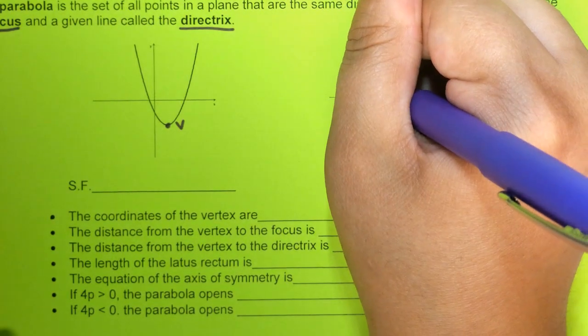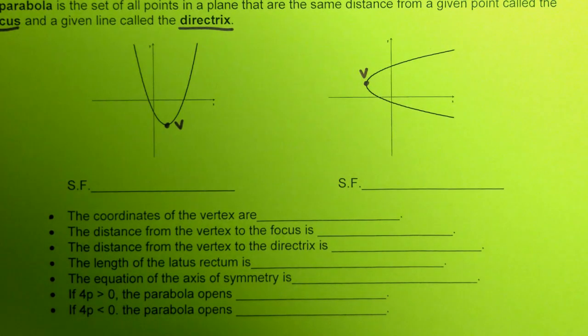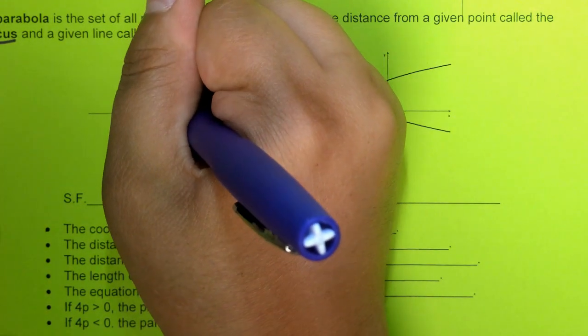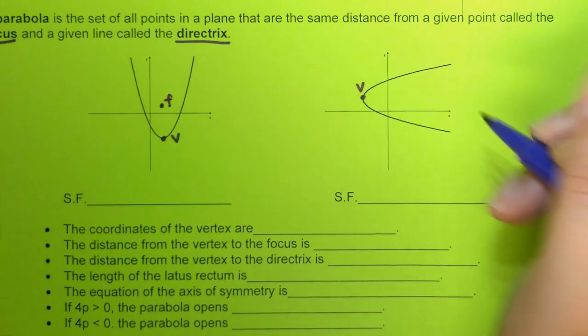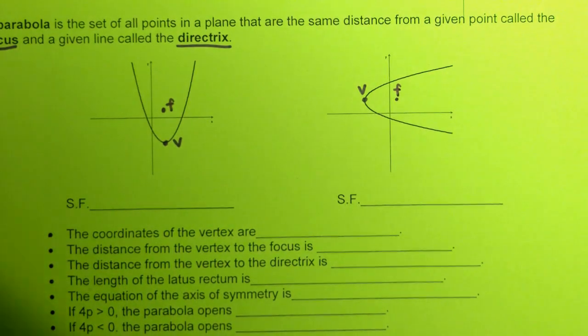So can everybody label your vertex? The focus, like it says, every point on a parabola is the same distance from a focus. Your focus is always inside your parabola. So wherever the focus is, that tells you which way your parabola opens.